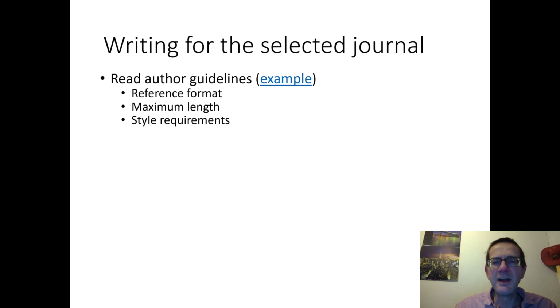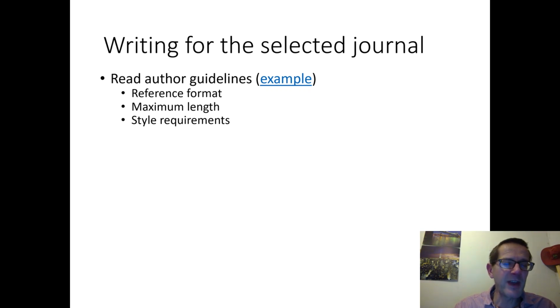So writing for the selected journal, once you've picked your journal, do read the author guidelines, which will tell you things like the format of the references, the maximum length of the paper, how many words you are allowed in the paper, maybe limitations on the number of figures or tables, and any other style requirements.